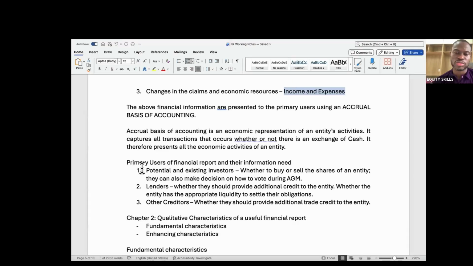The lenders want to make decisions on whether they should provide additional credit to the entity. The other creditors will want to make decisions on whether they should provide additional trade credit to the entity. So the lenders are like the banks, people that lend the company money. But other creditors are majorly suppliers, people that sell to us on credit.